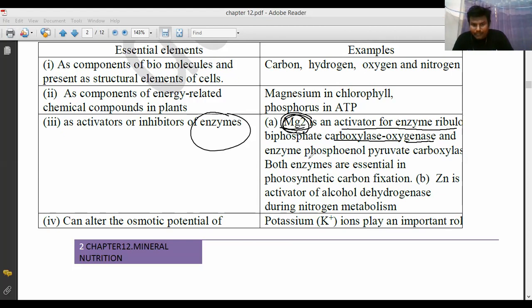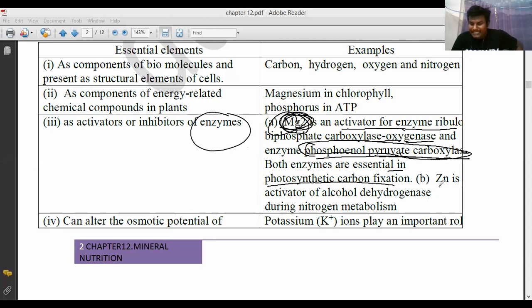Another enzyme, phosphoenol pyruvate carboxylase, also needs magnesium for activation. Both enzymes are essential in photosynthetic carbon fixation in plants, and for their activation magnesium ion is essential.